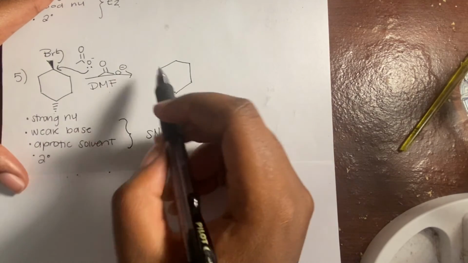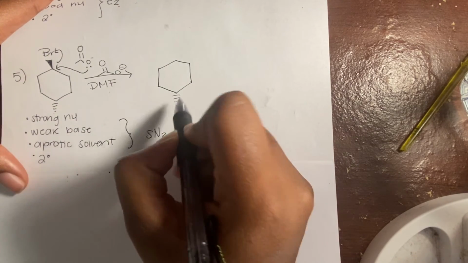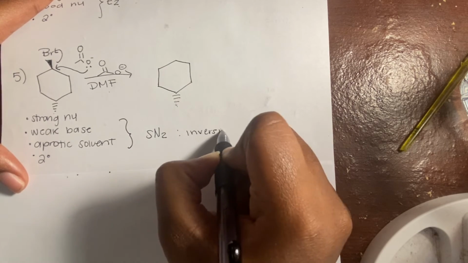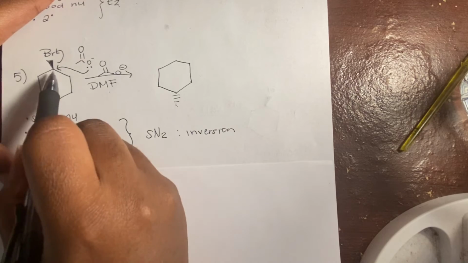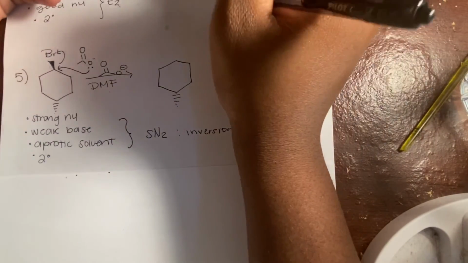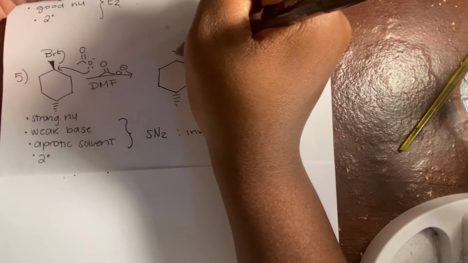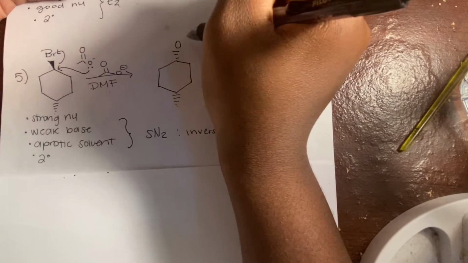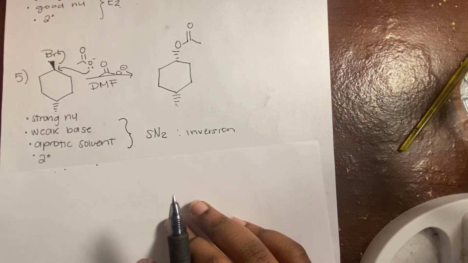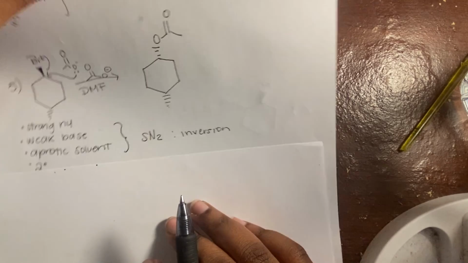There's supposed to be methyl there, sorry. We also know for Sn2, we have inversion of stereochemistry. So since our bromine was on a wedge, our acetate is going to be on a hatch. We can just draw it in like so. Okay, so that is that one all done.